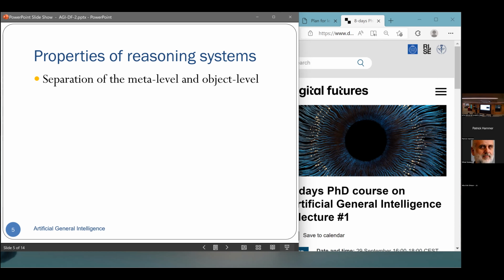And I can tell you why. It's because later you will see that the meta-level knowledge in our system is completely fixed. It's completely determined by the designer. Object level, everything can change. Everything comes from the system's own experience. It's learned. Okay, that separation is very clear in this paradigm.